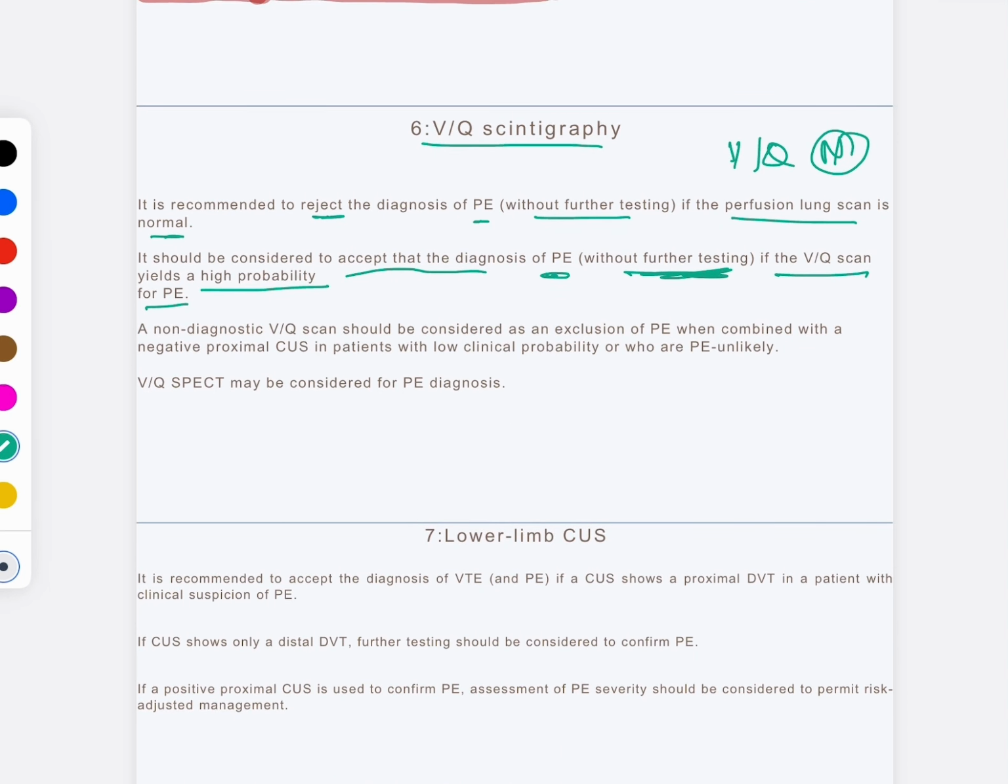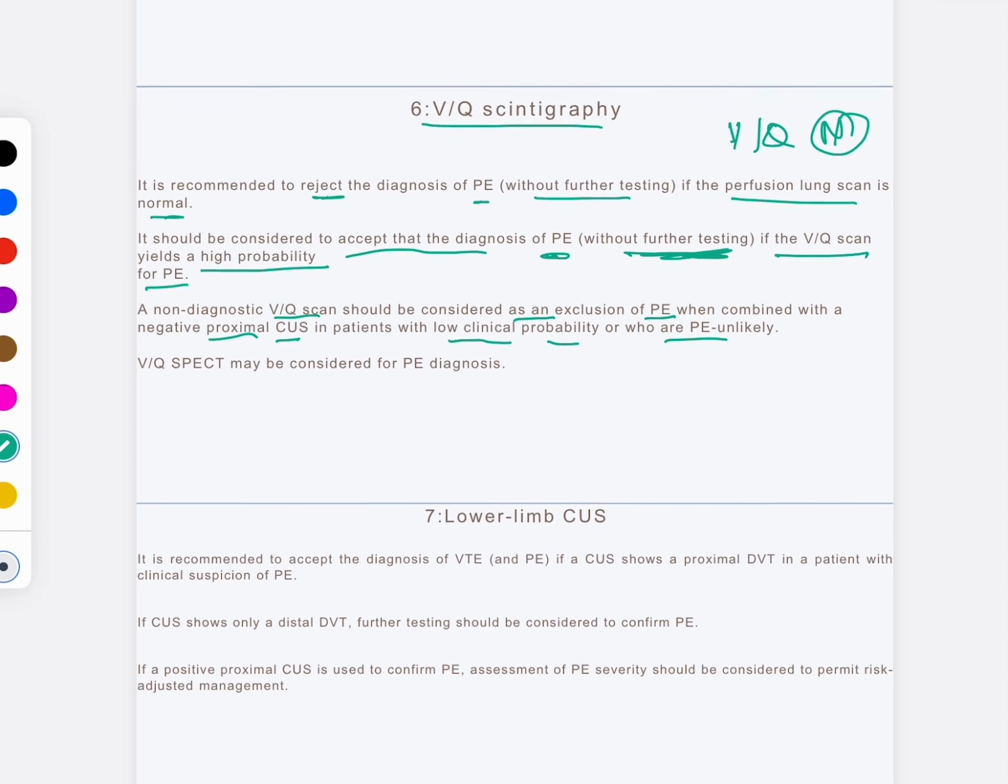A non-diagnostic VQ scan should be considered as an exclusion of pulmonary embolism when combined with a negative proximal compression ultrasonography in patients with low clinical probability or in whom PE is unlikely.